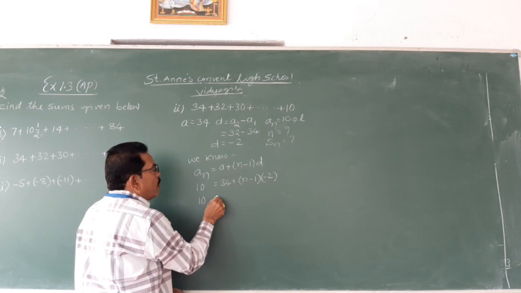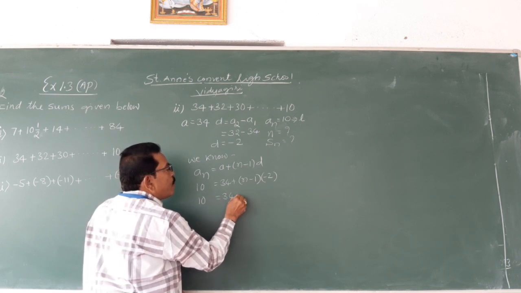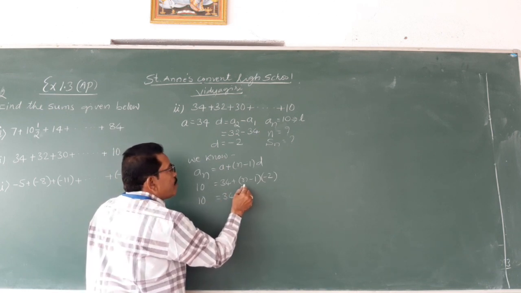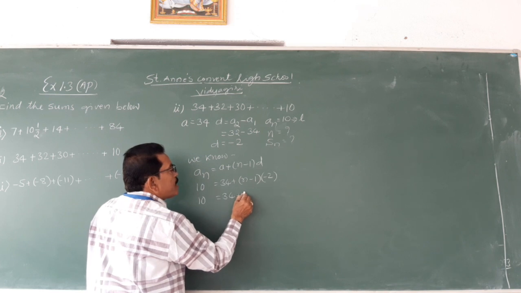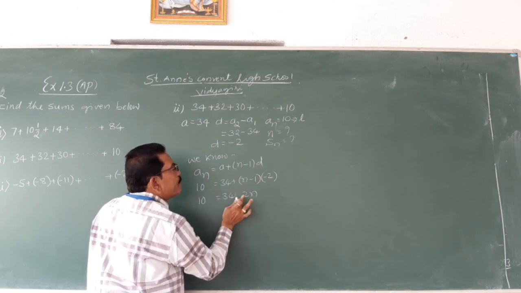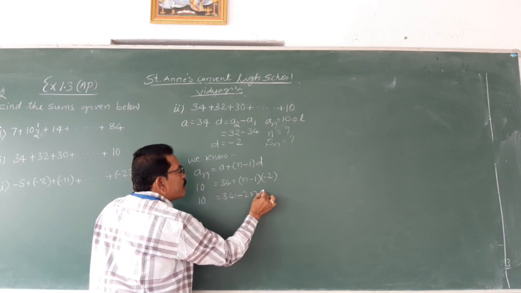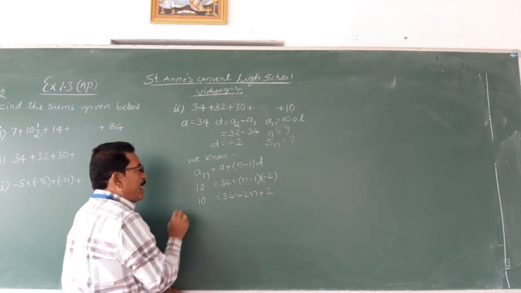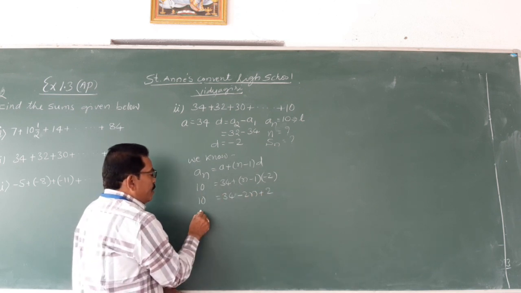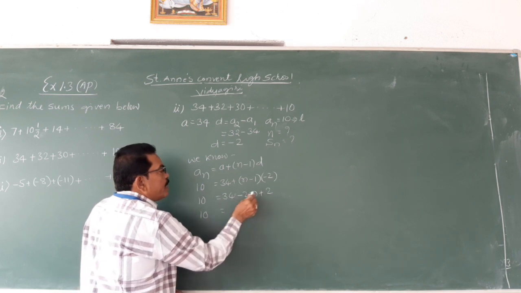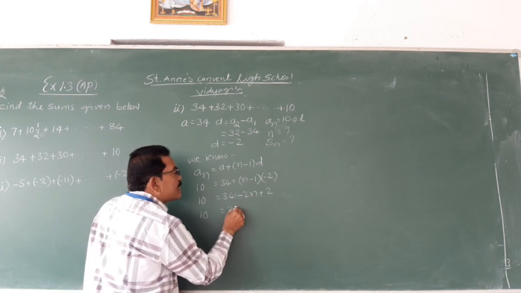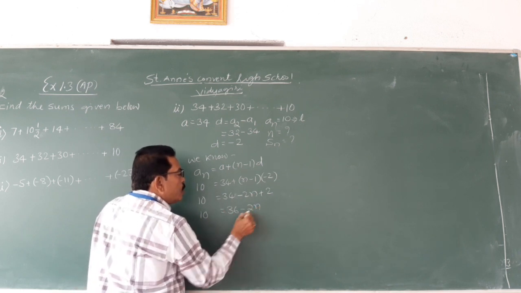So 10 equals 34 plus minus 2n, minus into minus plus 2 multiplied. Then 10 equals 34 plus 2, 36 minus 2n.